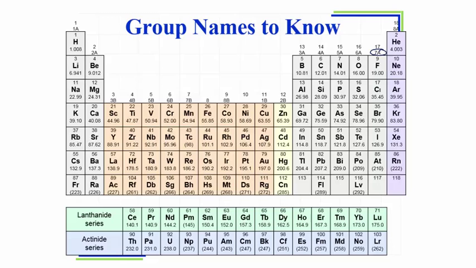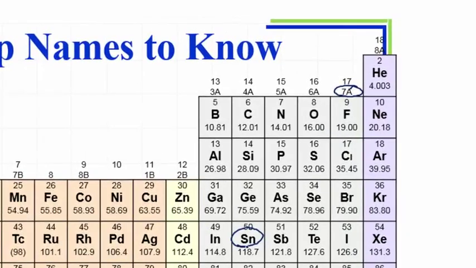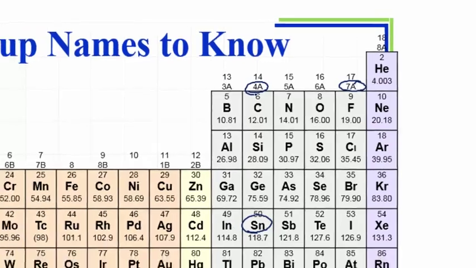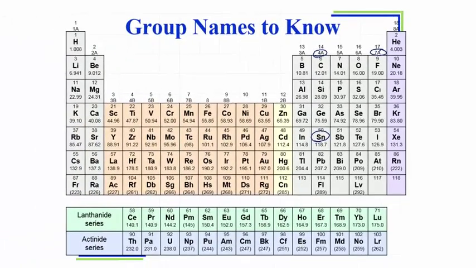So if we wanted to know how many valence electrons Sn has, we would find it on the periodic table, which is located right here, and we would go up to this number that has the A associated with it, and we would know that it has 4 valence electrons. So we're gaining information about the elements from where they're located on the periodic table. Our periodic table is a wonderful cheat sheet for us. You always have access to it when you take your exams.